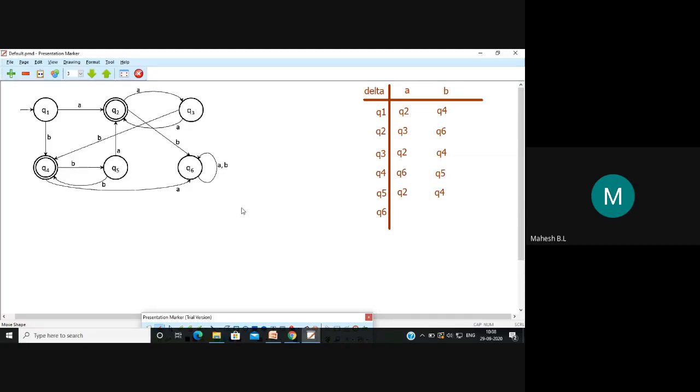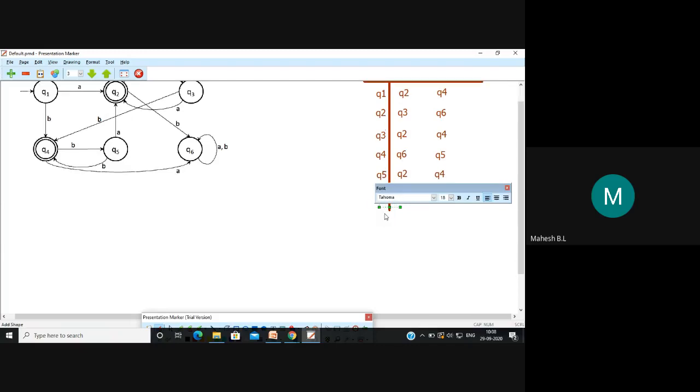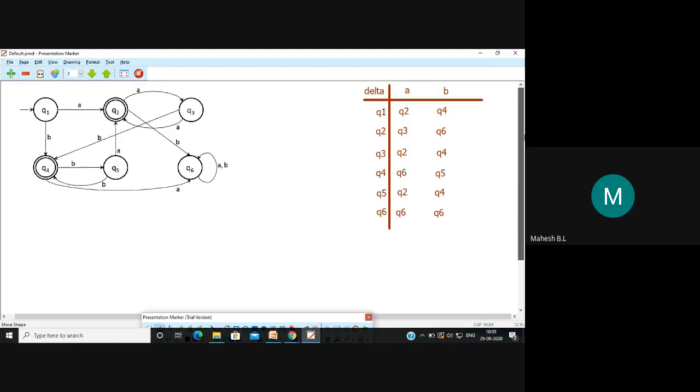Okay. Then Q6. Q6 on A and B, both are to Q6 itself. Now the transition table is complete.